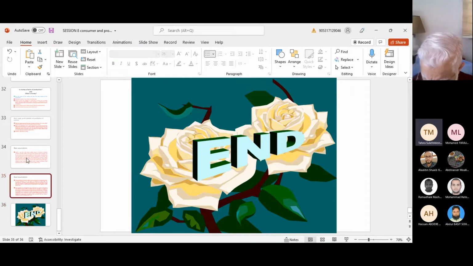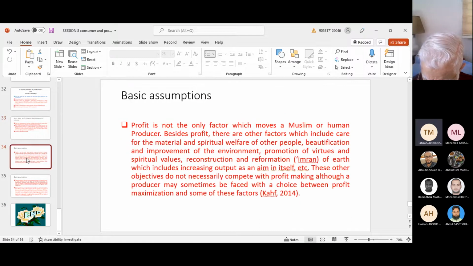This is a new argument these days, even in contemporary economics, between the group arguing that we produce to seek the benefit of the shareholders, and the other. I think Islam reached this point, that we should not only produce for the benefit of shareholders, but there are stakeholders. Stakeholders include the benefit of the society.